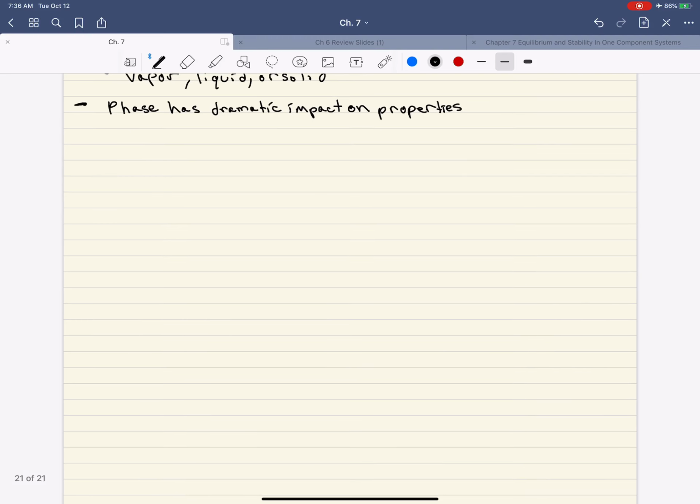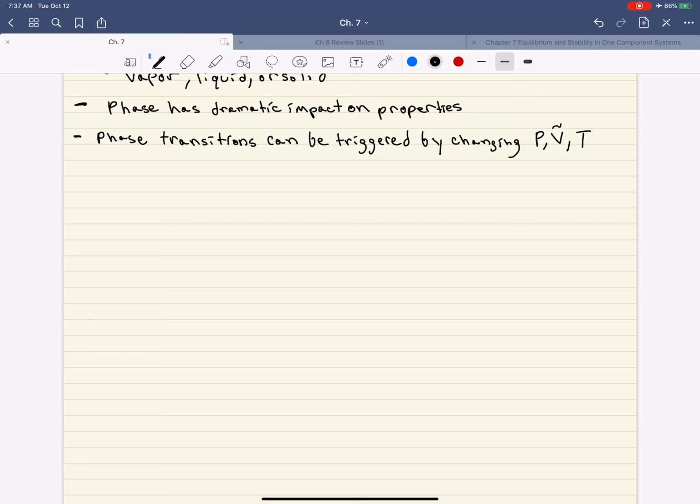Also, in problems that we dealt with, we've also looked at the transitions between phases. Okay? And we saw that you could go to different phases if you change your temperature of the system, your pressure of the system, or even the molar volume of the system, right?